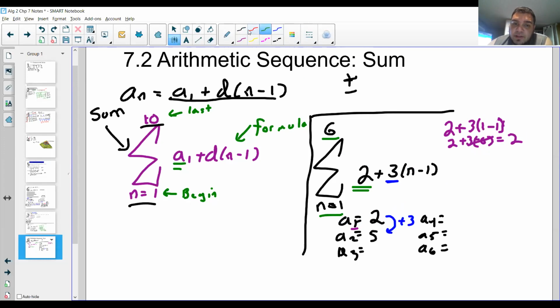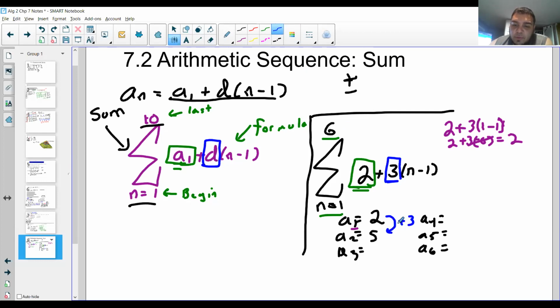But what I'm showing you is that in this equation itself, we already know what a_1 is. We get that for free, which is this number right here, 2. And then we also get something else for free. We also get the pattern because the d is the pattern.